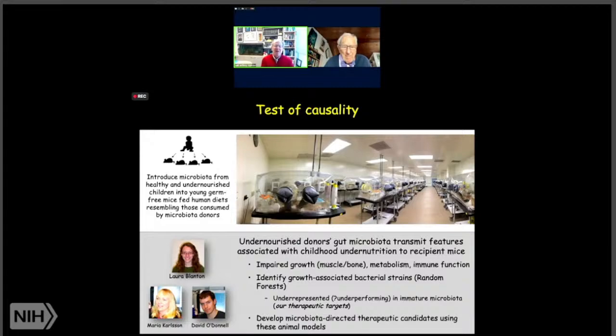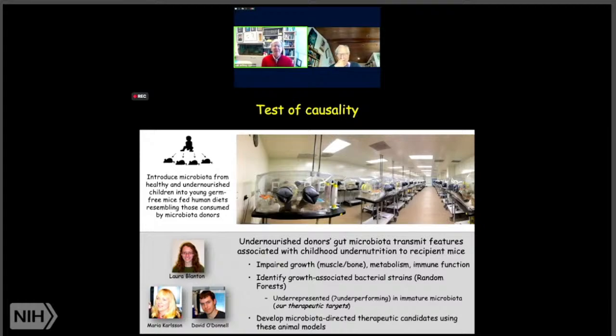So a group of chronologically age-matched healthy individuals and those that had undernutrition, as defined by anthropometry, provided fecal samples. Those samples were preserved immediately after they were provided, and they represented a snapshot of the microbial communities of the donor.